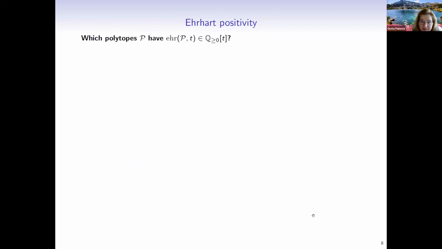Okay, the Ehrhart polynomial is a subject of study on its own in general, and the main question here is for which polytopes the coefficients in the Ehrhart polynomial are non-negative. If we have an integral polytope with integer vertices, then the coefficients are going to be rational. When are they non-negative?